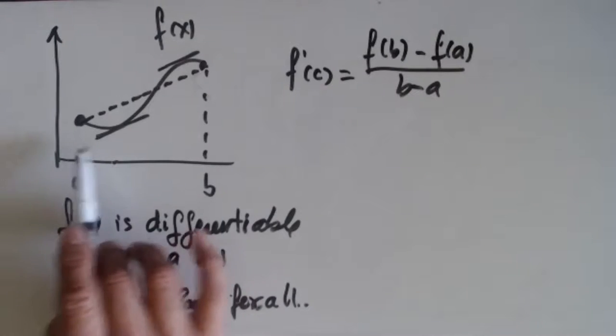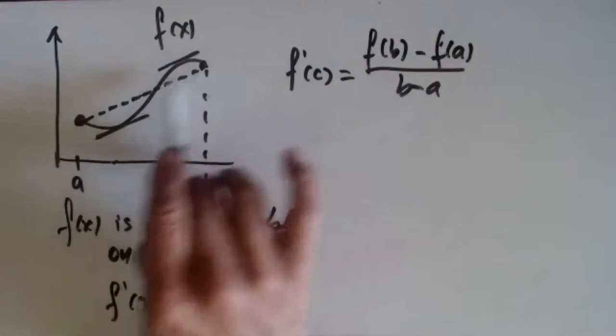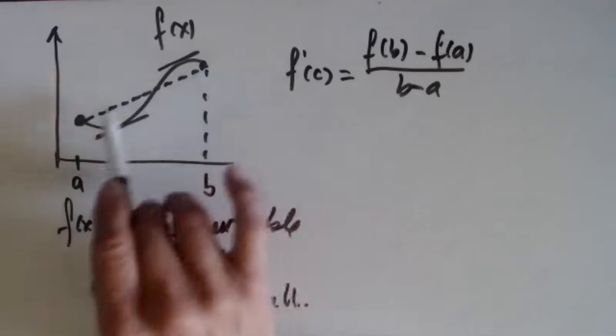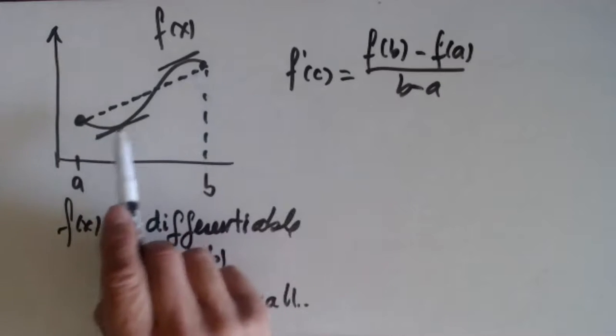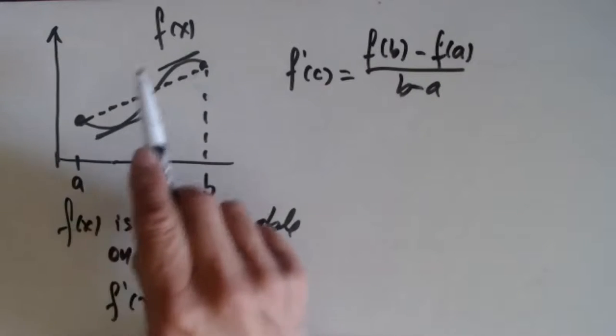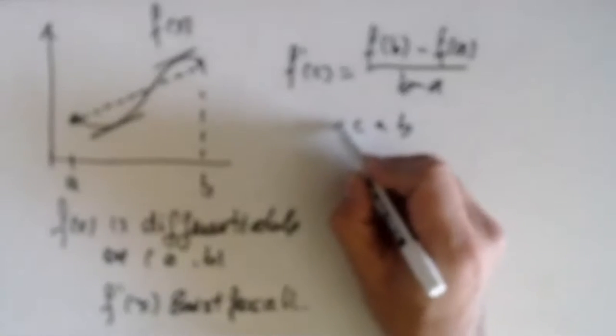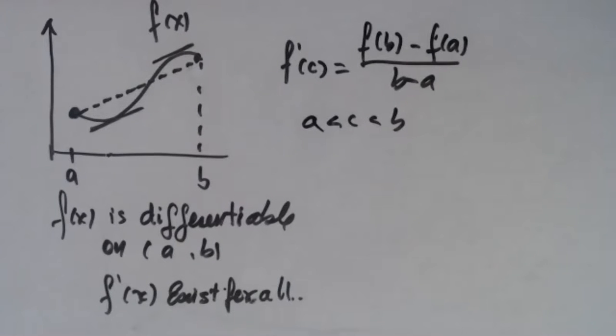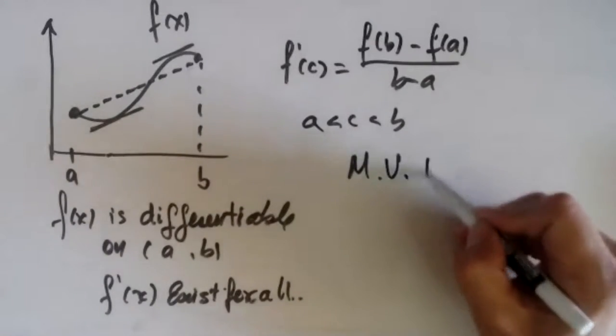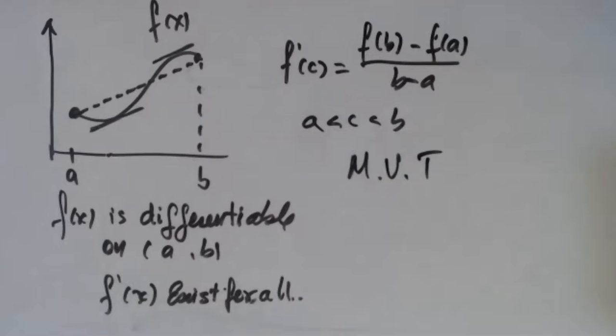So you see the shape. The secant has a positive slope, like this, and then you may have, in this case, two tangents parallel to this. So c is between a and b, correct? So this is the point. Everybody catch, this is the mean value theorem, MVT.